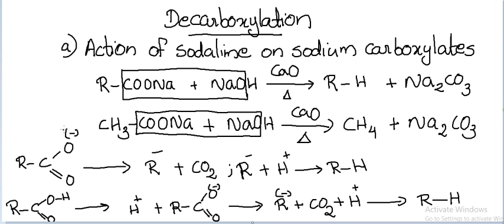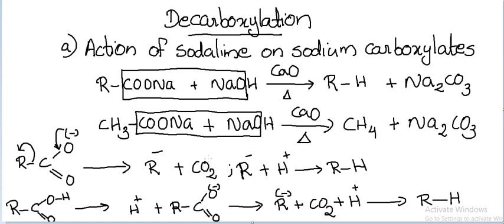This negative charge will shift to this bond and the R group is eliminated as R minus. So we get R minus plus O=C=O, that is our carbon dioxide.